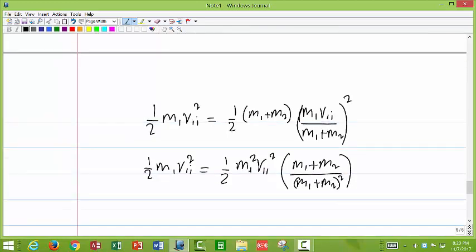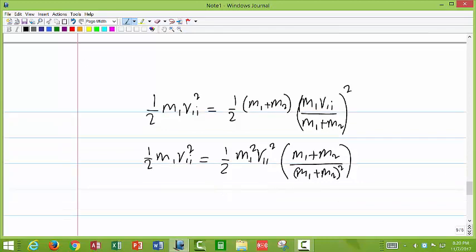You can see now that the two are not equal, so energy is not conserved. You can go through the algebra and divide things out and get an answer. But if you just put in the masses, you will see that the final energy is going to be about half of the initial.